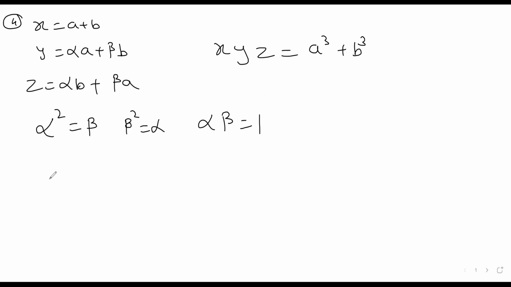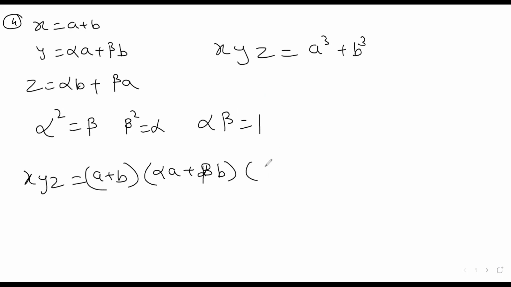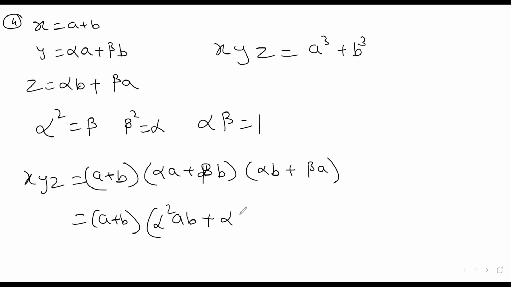Now xyz can be written as a plus b, alpha a plus beta b, alpha b plus beta a. I'll write a plus b as it is and multiply these two. So alpha square ab plus alpha beta a square plus alpha beta b square plus beta square ab.